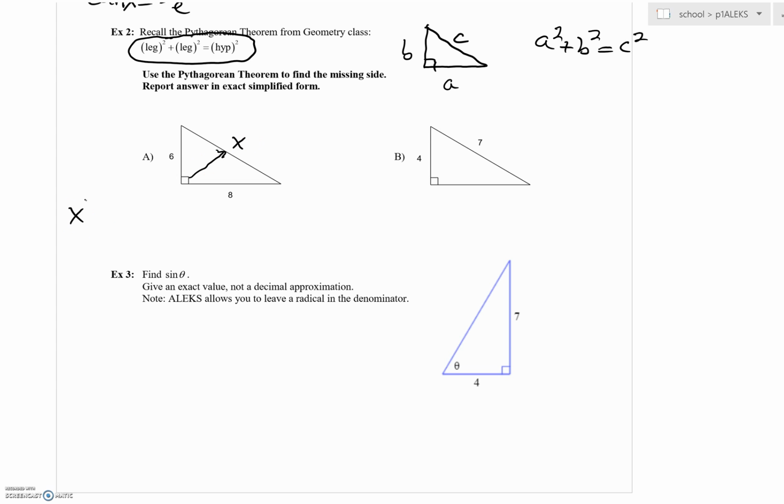You'll say x squared, that's your hypotenuse squared, would equal 6 squared plus 8 squared. 6 squared is 36, 8 squared is 64, and 36 plus 64 is 100. You could get help with that on the calculator if you're adding big numbers. And then you're going to take just a positive square root. Very important. You can't have a negative side length.